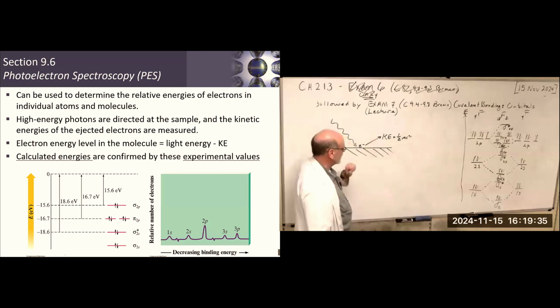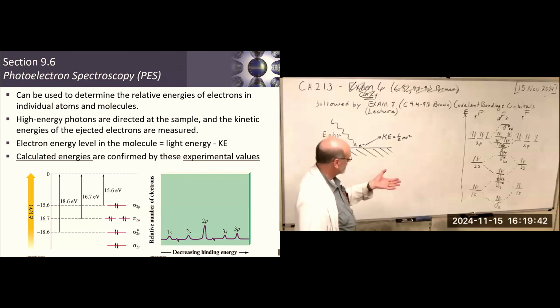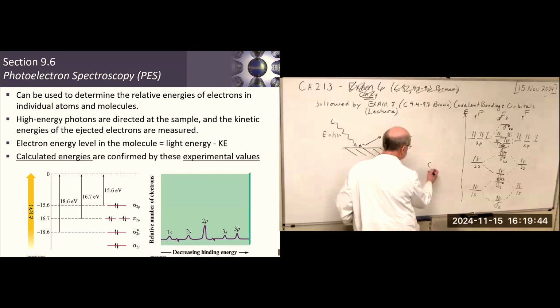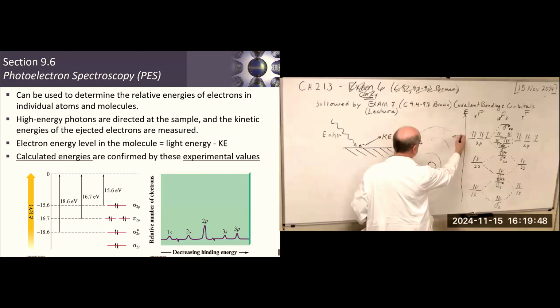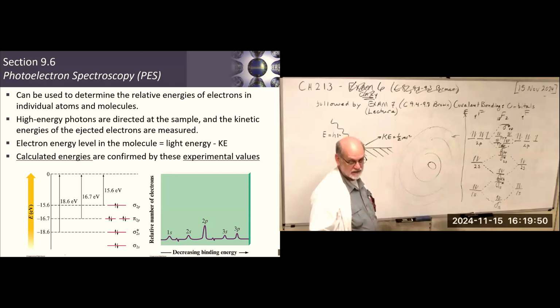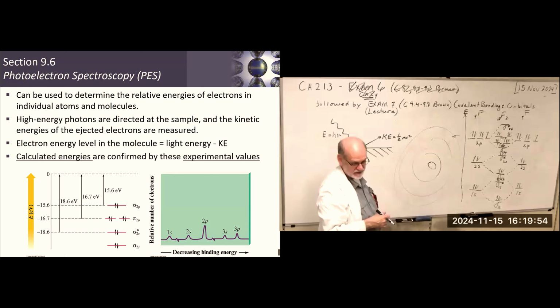How much kinetic energy will it have? Well, it depends on how much of the incoming energy is used up to free the electron. Like, if it's an electron that's in one of these outer orbitals, it doesn't take much energy. And then the rest of it gives it a very high kinetic energy. And that can be measured.